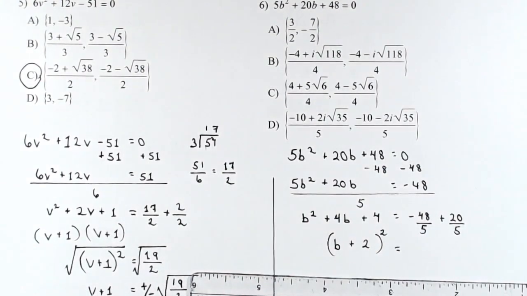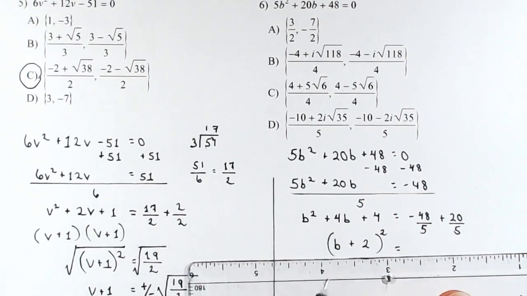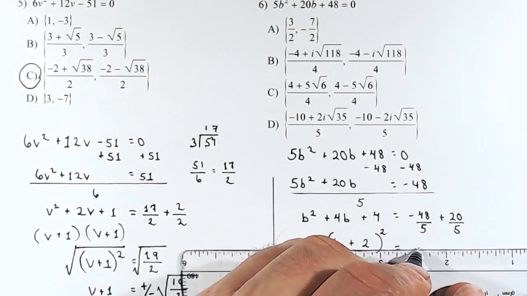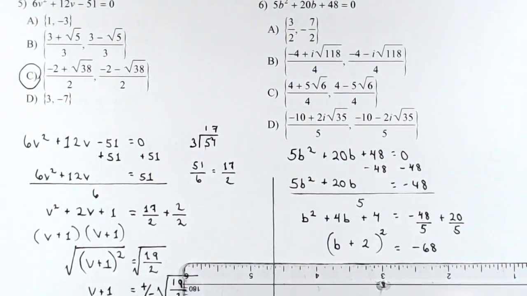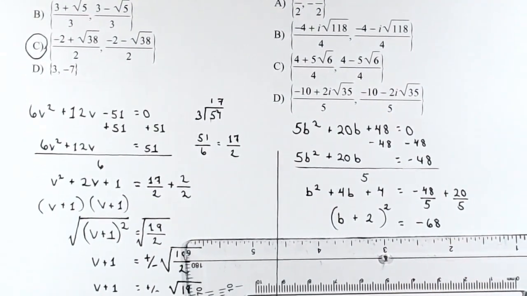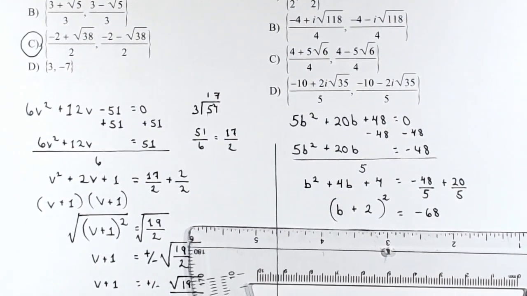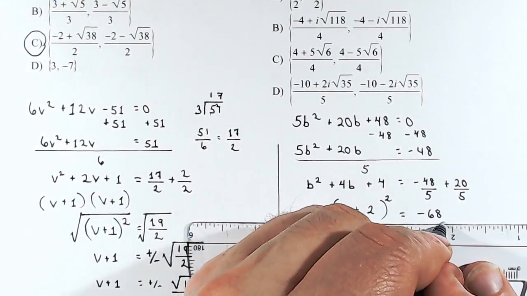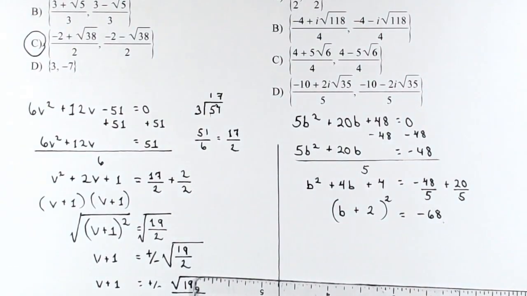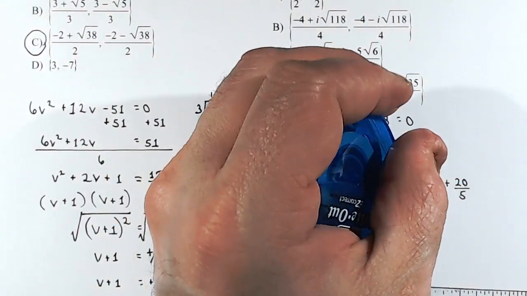Now, negative 48 plus 20 is negative 68. When I see a negative number over here at this point in the problem, I know that I'm going to have imaginary solutions. So negative 68 over, not negative 68, dummy.